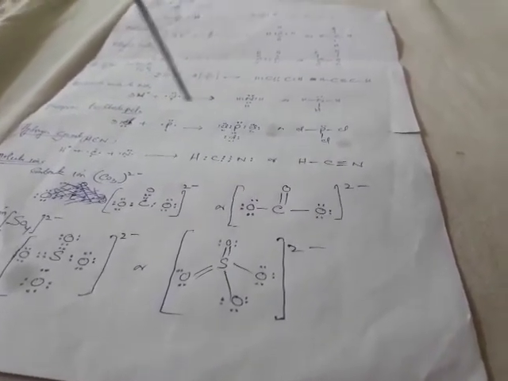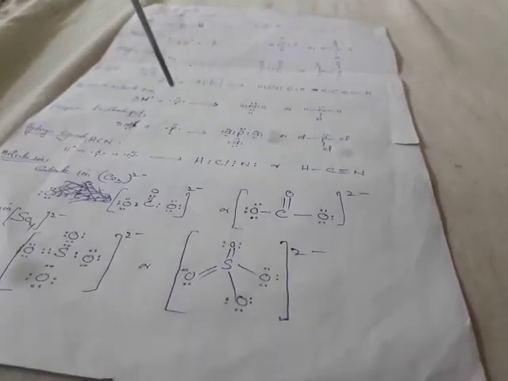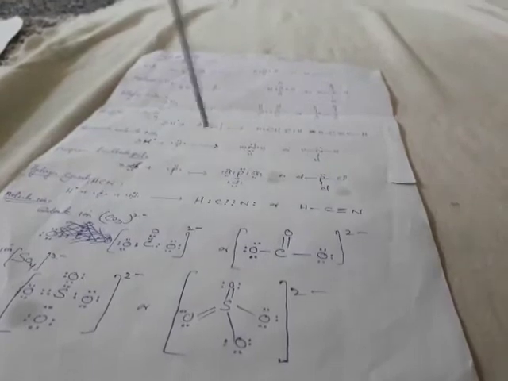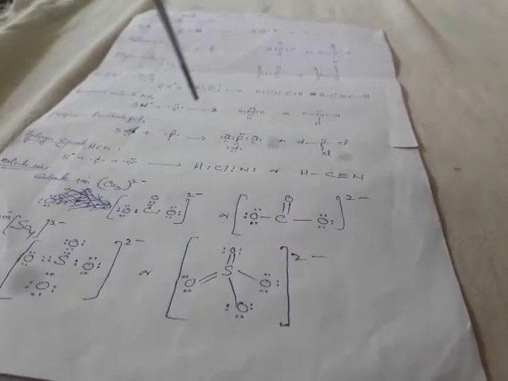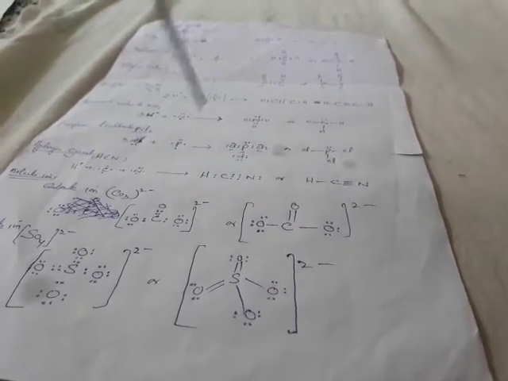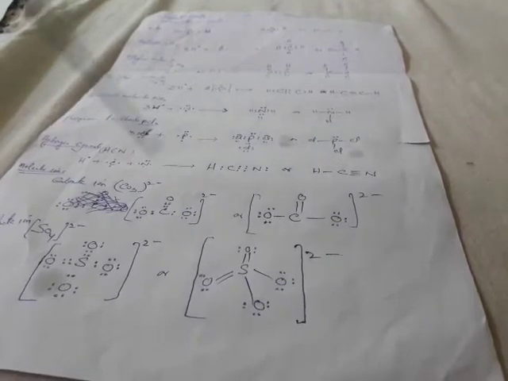Now as far as this octet rule is concerned, although it can be applied to a large number of covalent molecules, particularly of organic nature, there are certain exceptions to this rule. In certain cases there are stable covalent molecules in which the central atom has less than 8 electrons, and yet they are stable.